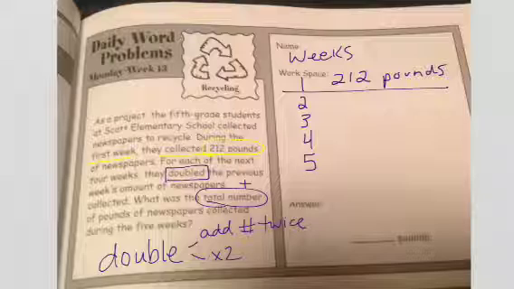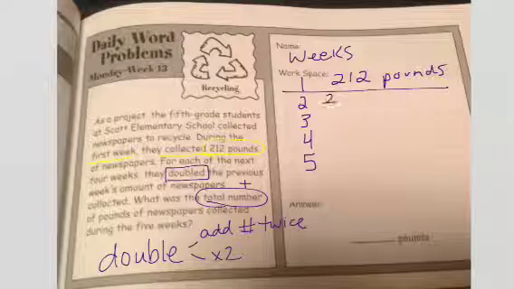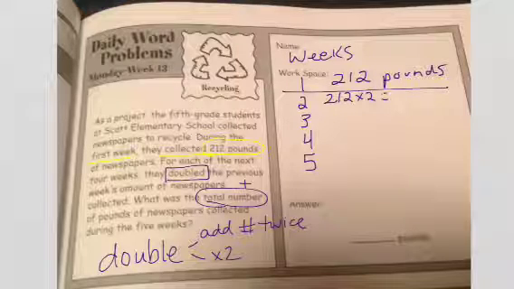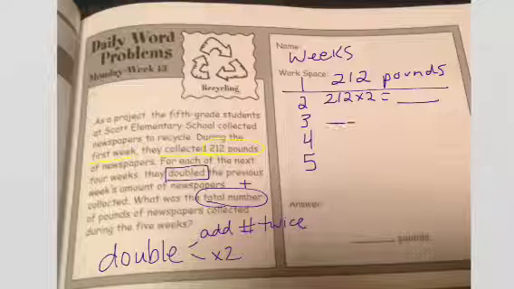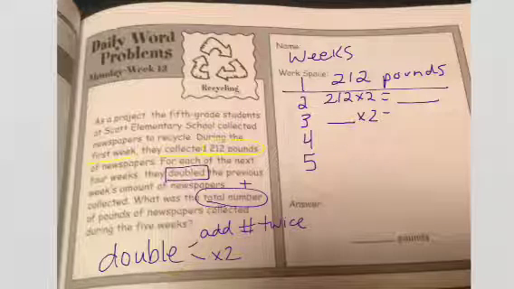I find multiplying to be more efficient and less room for error for myself. So I would take 212 and double that to equal whatever week 2 was. Then for week 3, that amount is going to be needed again, because whatever that amount is, I have to double it.